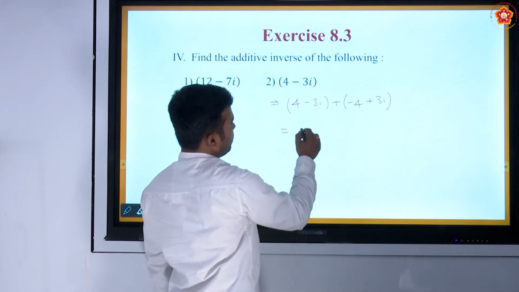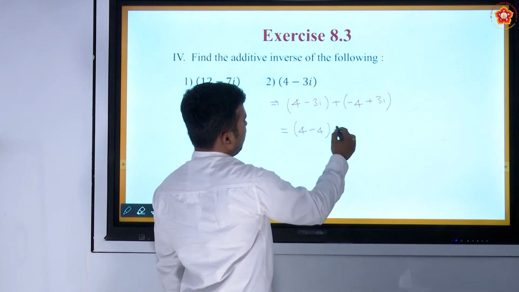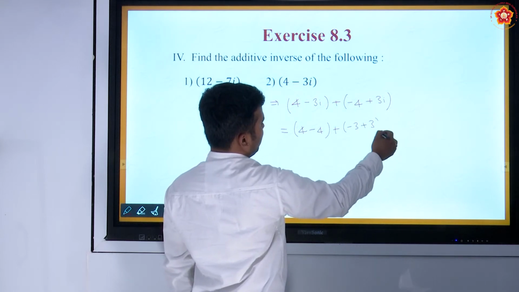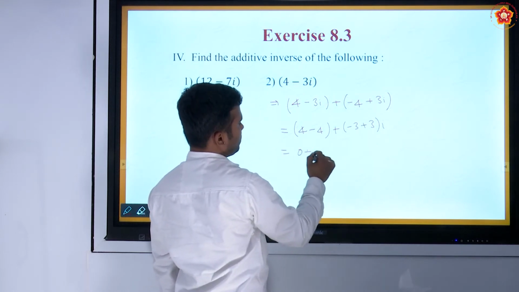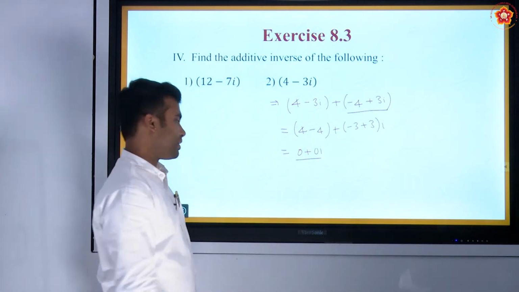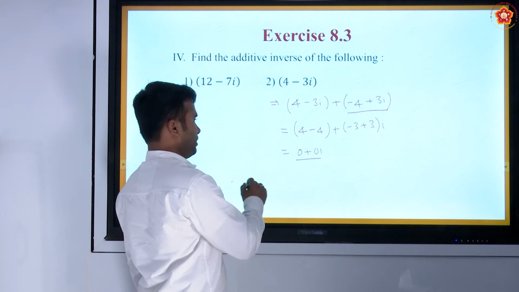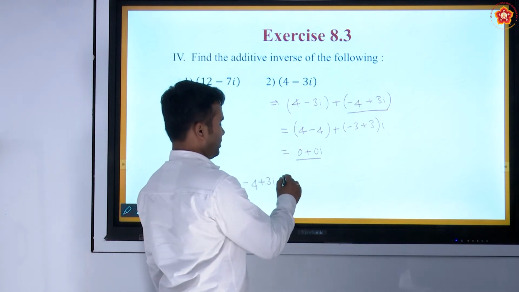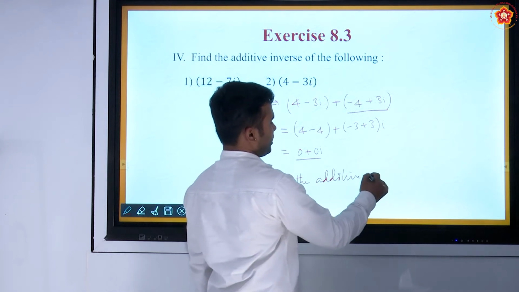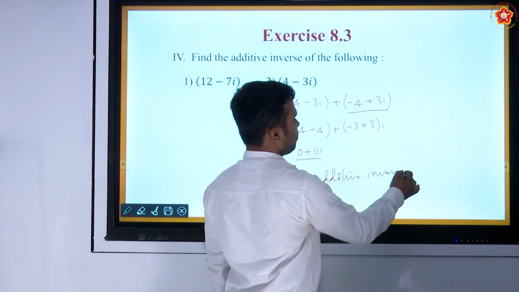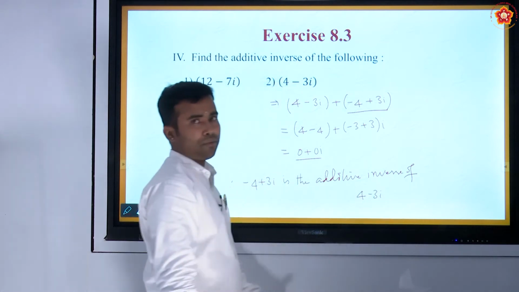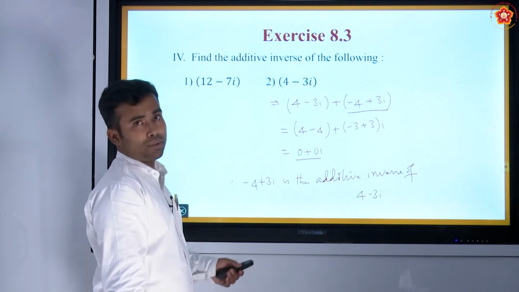So this becomes 4 minus 4 plus minus 3 plus 3 times i, which is equal to 0 plus 0i. Therefore I can say that minus 4 plus 3i is the additive inverse of 4 minus 3i. This is how we can find the additive inverse of a complex number.